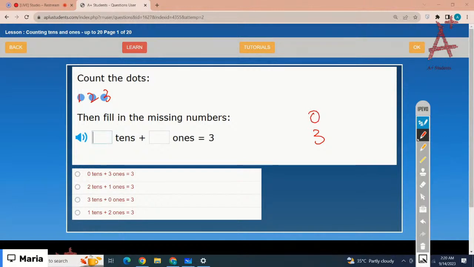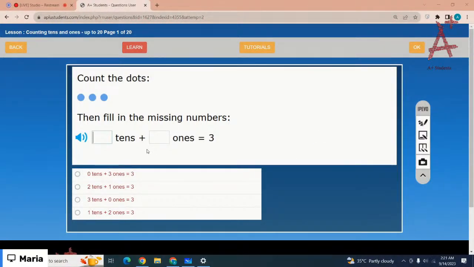That means 3 is at the ones position, right? So you have 0 tens, no tens, and 3 ones. Got it? So the correct option is option number 1. We have 0 tens and 3 ones.